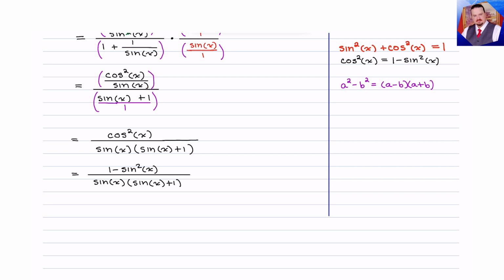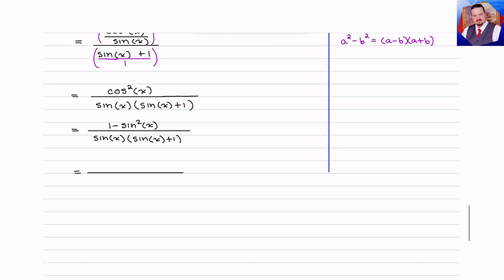You can see that the numerator is a difference of squares. So 1 minus sine squared x should be 1 minus sine x times 1 plus sine x. Recopy the denominator. Once again, our attention is in the numerator.